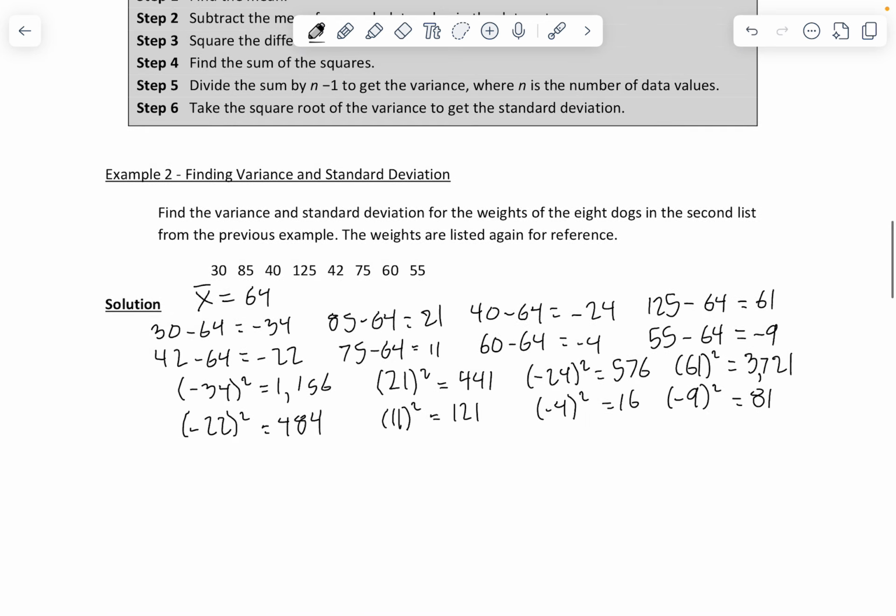Step 4 is to find the sum of the squares. So now I'm going to take all the squares that I just calculated and add them together.